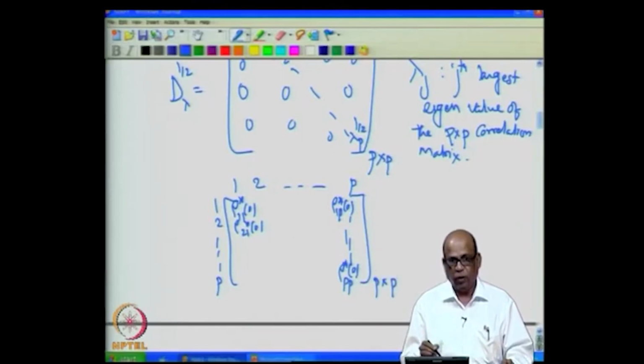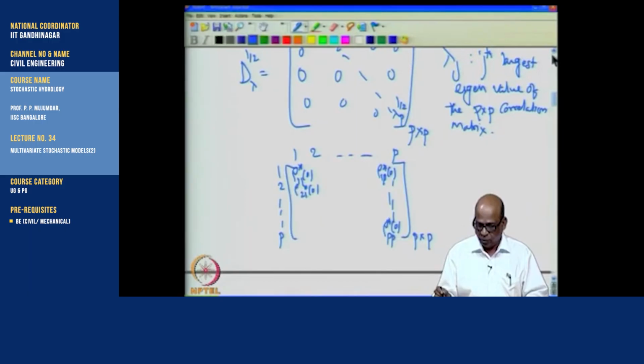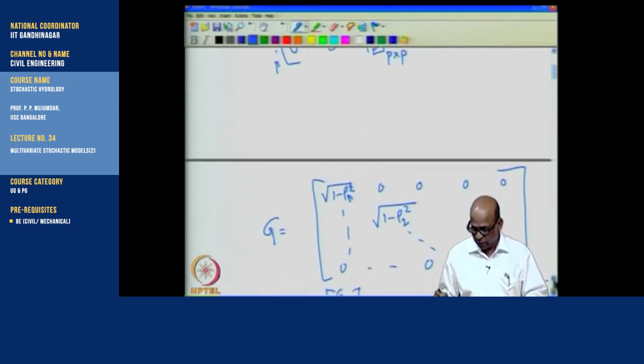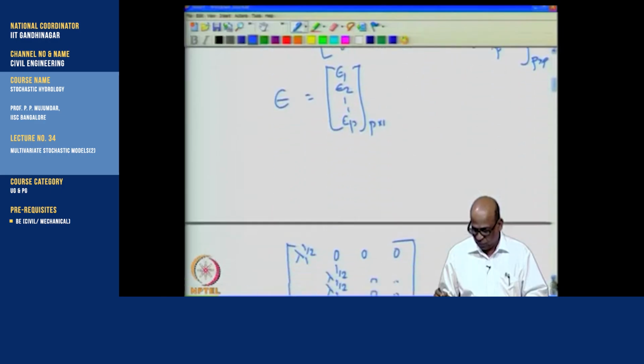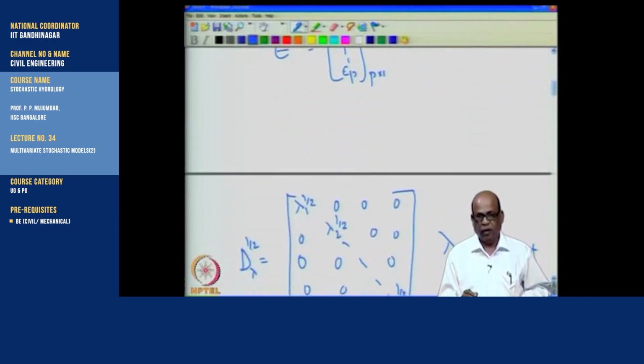You take the eigenvalues, you will get p eigenvalues for this. Arrange the eigenvalues in decreasing order, with the highest one denoted as lambda 1, the lowest as lambda p, and then come to the formulation of the D matrix. The D matrix is formed by D lambda to the power half.